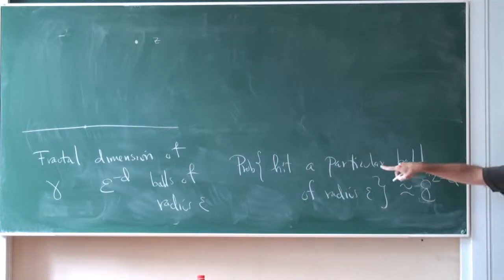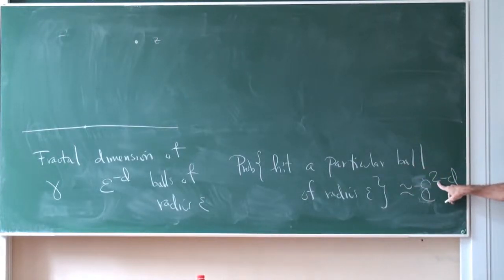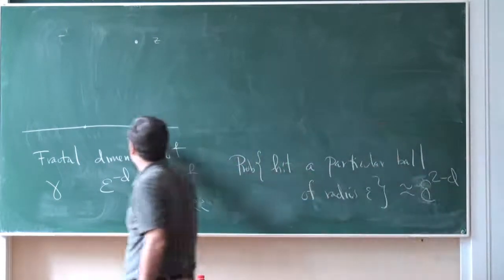This d is that d, and this 2 is because we're in 2-dimensional space. We're living in the plane. So I'm using d for this fractal dimension.